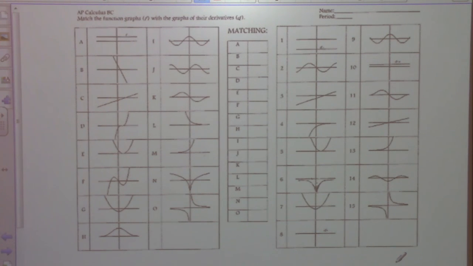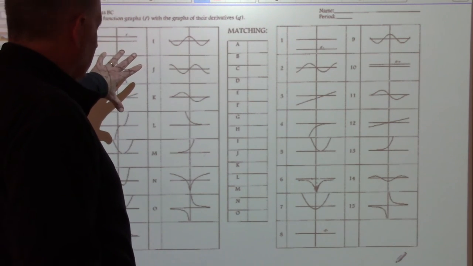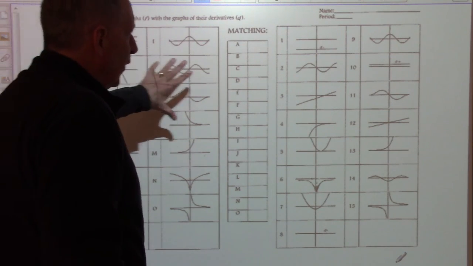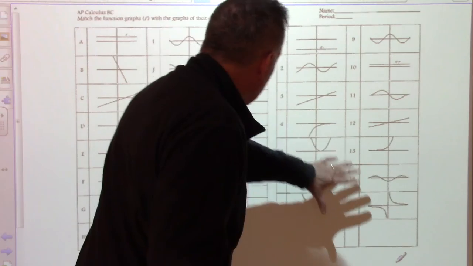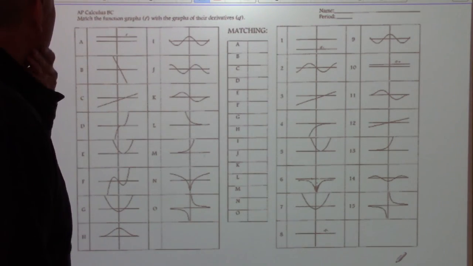So I'm matching the function with the derivative? Yeah, you're matching the functions with the derivative. So here would be the functions, and here would be the list of derivatives of these functions.